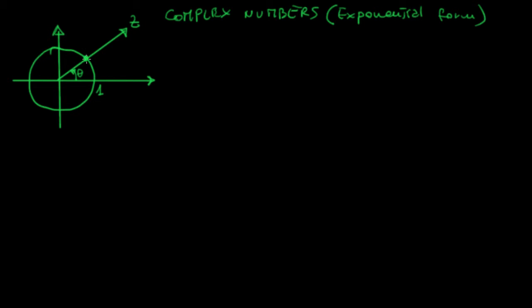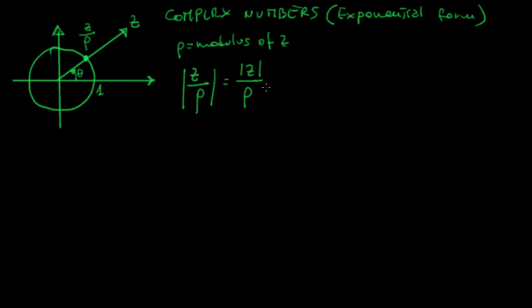Well, this point corresponds to the vector z divided by rho. Remember, rho is the modulus of z. This is easy to see because, of course, z divided by rho has a modulus which is given by the modulus of z divided by rho, but the modulus of z is simply rho.